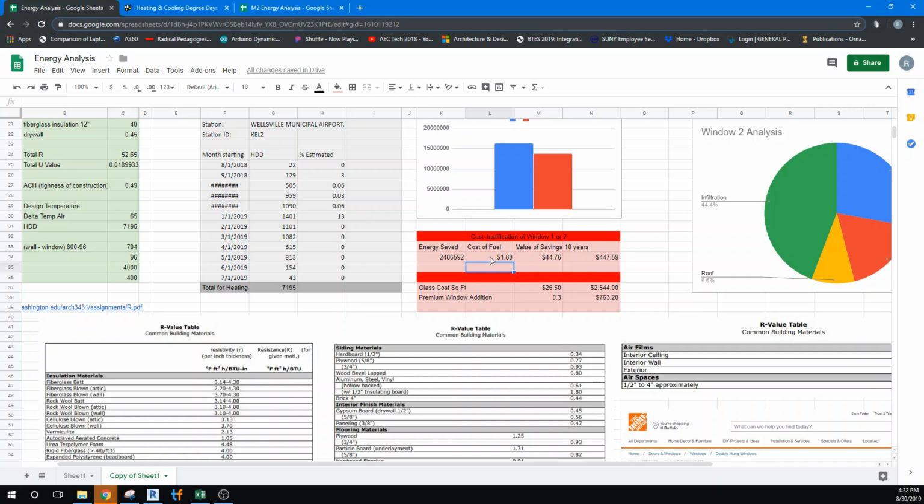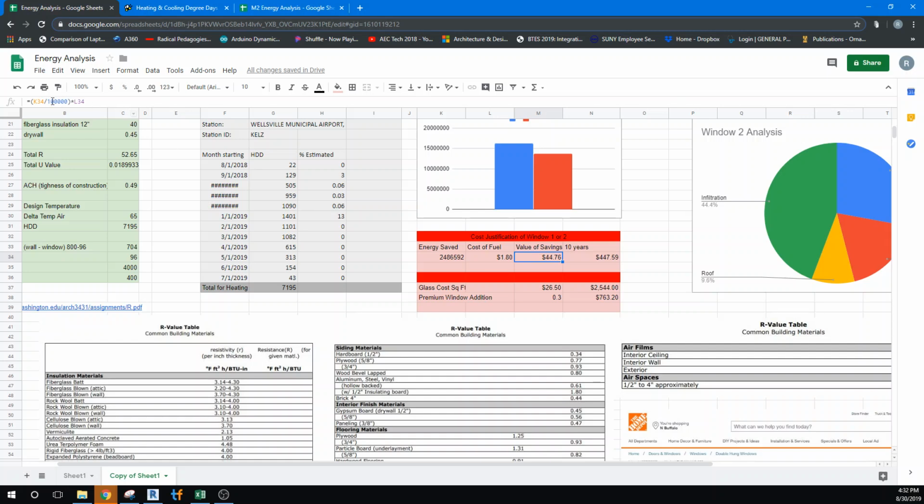And the idea here is the value of the savings then is a calculation. Because this is in therms, which is 100,000 BTUs, we have to do a little bit of math. So we take the value of the energy of this cell, which is a formula.